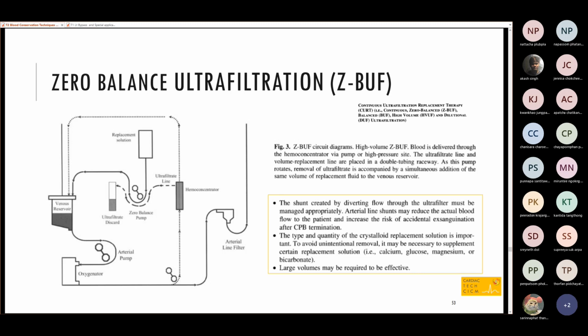So the potassium in the blood is going to get higher, especially after we give the cardioplegia. If the patient has hyperkalemia, it is going to cause a worse condition.